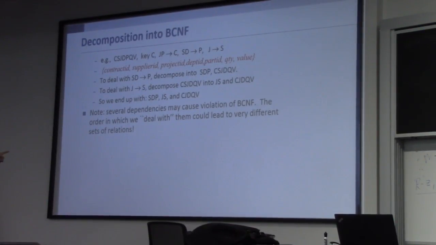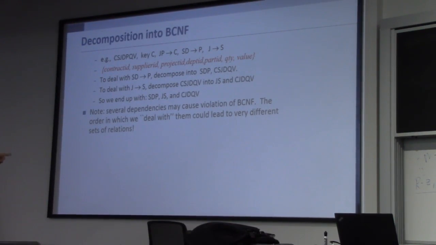JS is in BCNF because the only dependency there is J determines S, which is fine. What about the last one? The only dependency there is C determines everything else. Remember, attribute C is the original key, right? So C still determines those other attributes. That's the only dependency there, so it's fine.